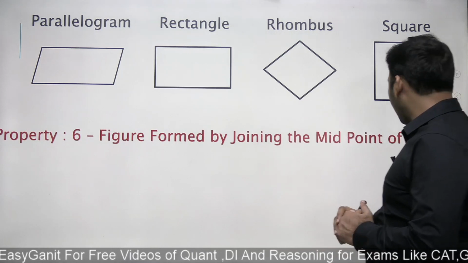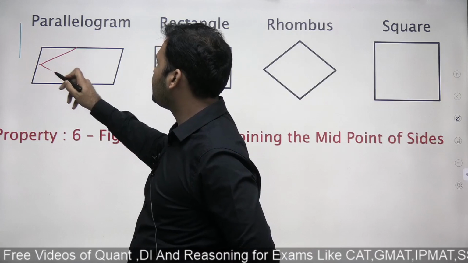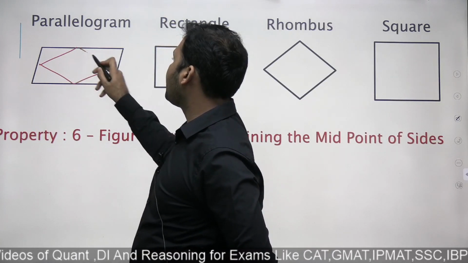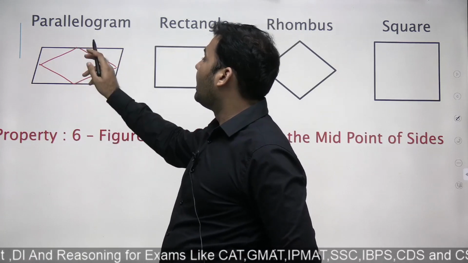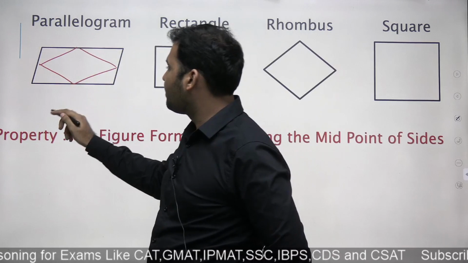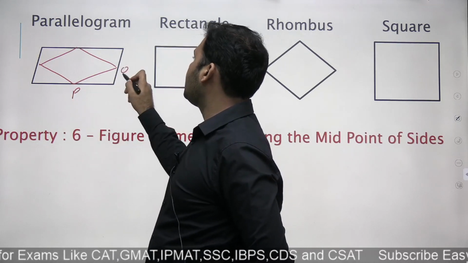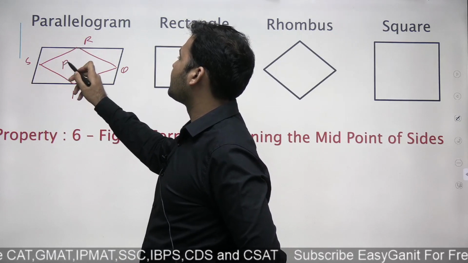Figure formed by joining the midpoints of the sides. So when you join the midpoints of the sides of this figure, the new figure that you'll be getting would be, in case of parallelogram, on joining the midpoints, this PQRS will be called a parallelogram.